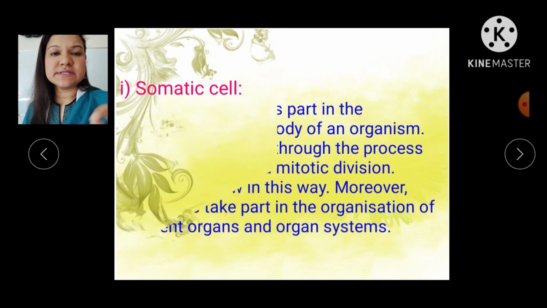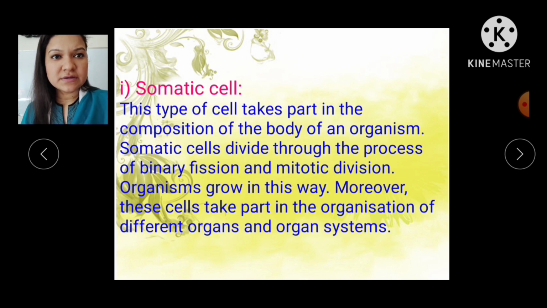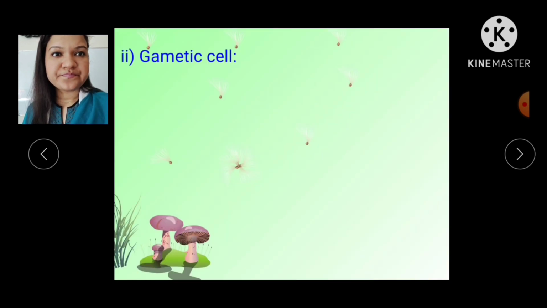The somatic cell is actually the body cell. This type of cell takes part in the composition of the body of an organism. Somatic cells divide through the process of binary fission and mitotic division. Organisms grow in this way. Moreover, these cells take part in the organization of different organs and organ systems.